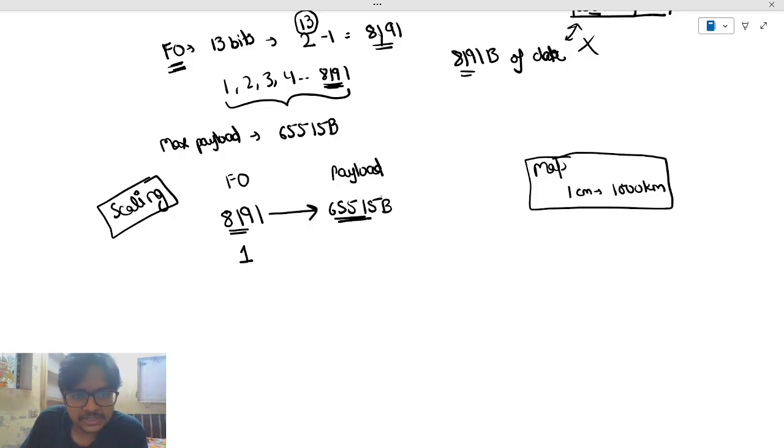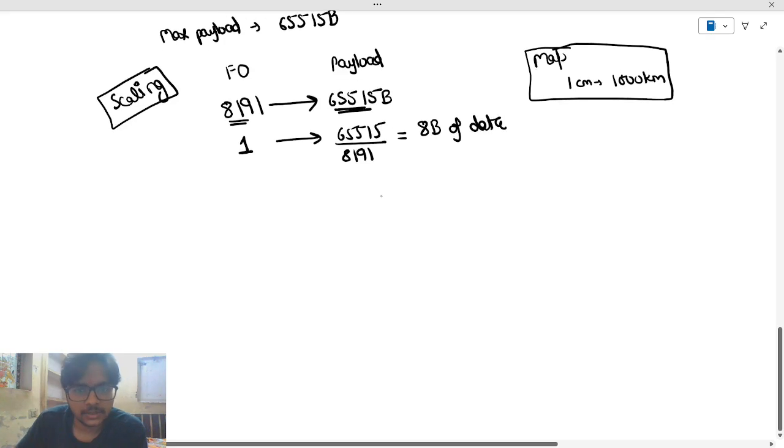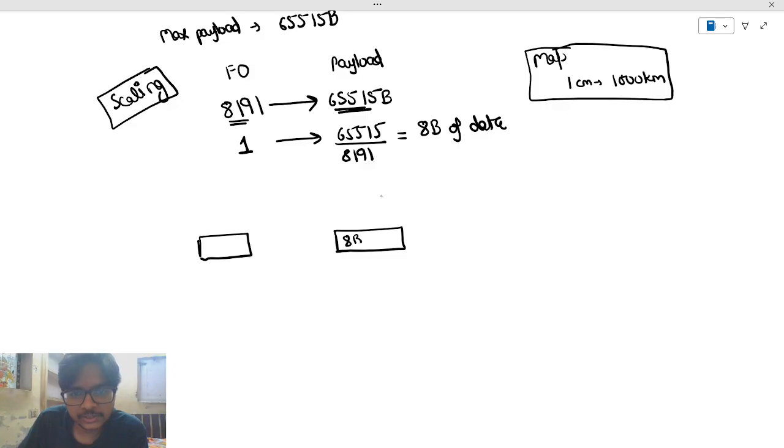So from here we can see, if I mention 1 in the fragment offset, that means 65515 divided by 8191, so it is 8 bytes of data. Now if there are two fragments, and 8 bytes of data is already sent, with 20 bytes of header, this is the first fragment, this is the second fragment.